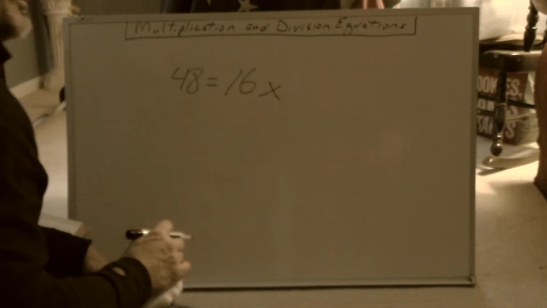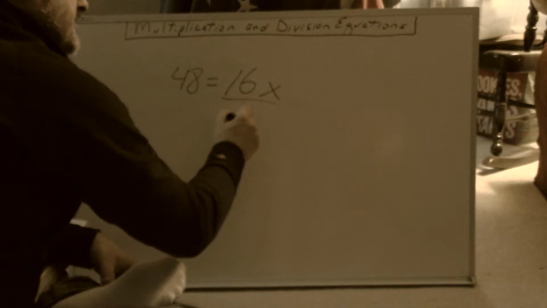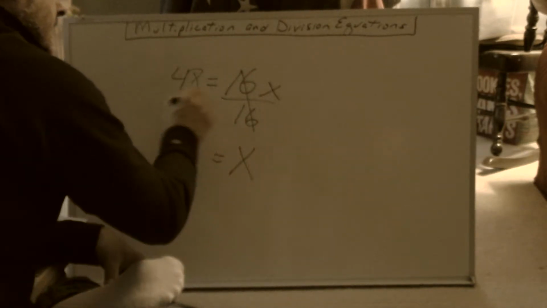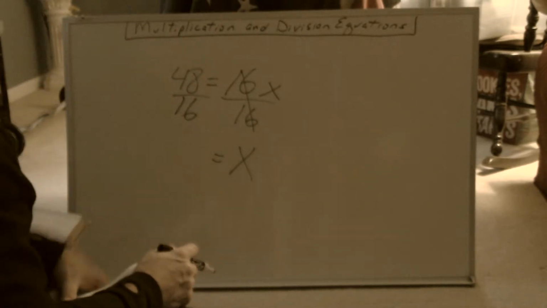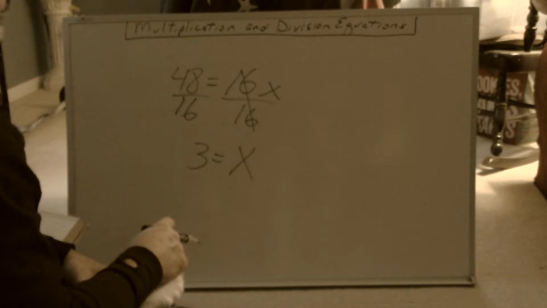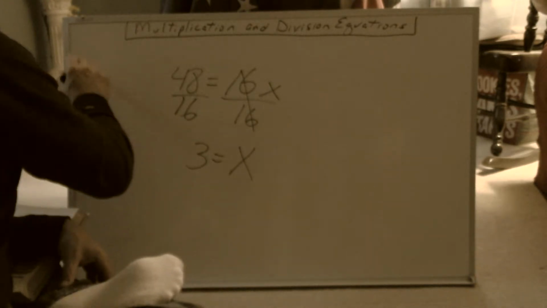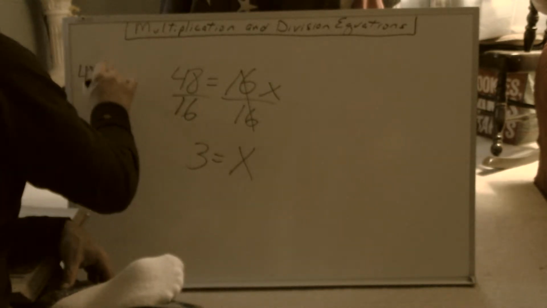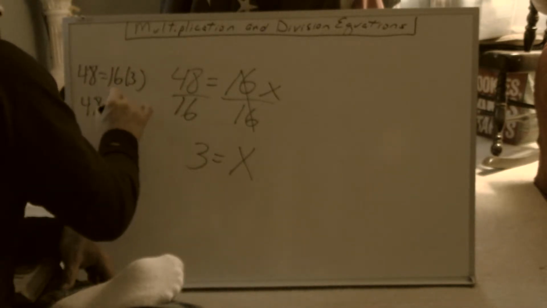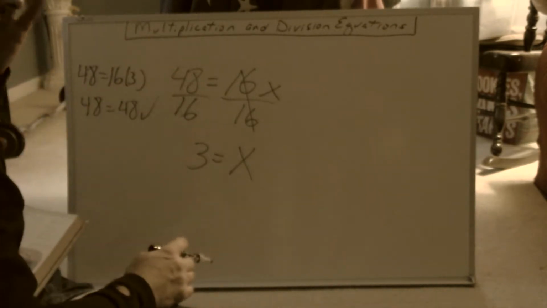We would do the opposite operation. So that's division. 16 divided by 16 is 1. We bring the x down, and then we do it over here. 48 divided by 16, which of course is easy. It's 3. So x is 3. And if I wanted to check it, I go 48 equals 16 times 3. 48 equals 48. Check. I know it works.